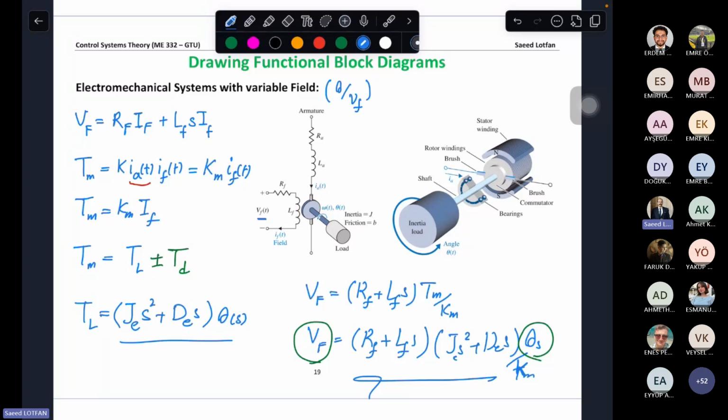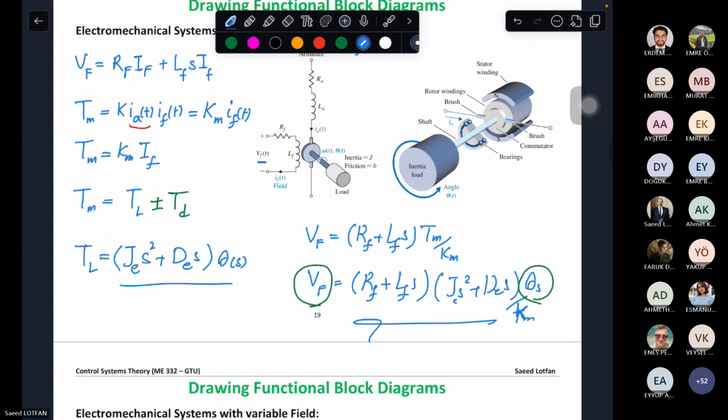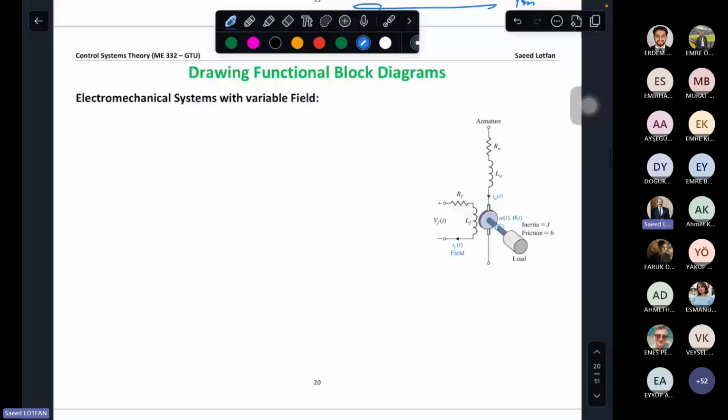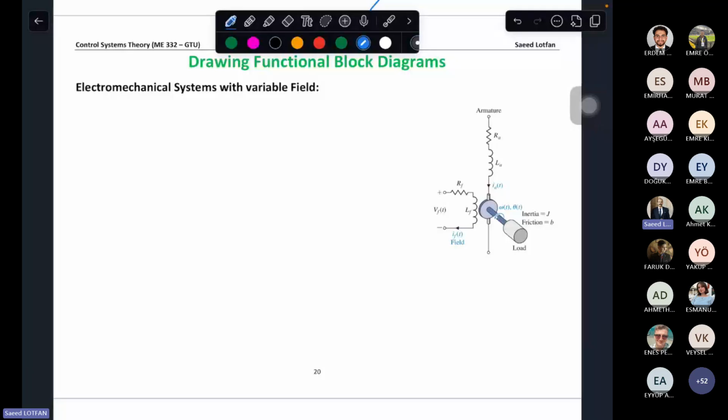Now we want to show this transfer function as block diagrams, like we had in the first week, when we said we have functional block diagrams and we want the relationship inside them. Let's see if we can do it. I know that I have to start with VF equal to RF plus LFS multiplied by IF.